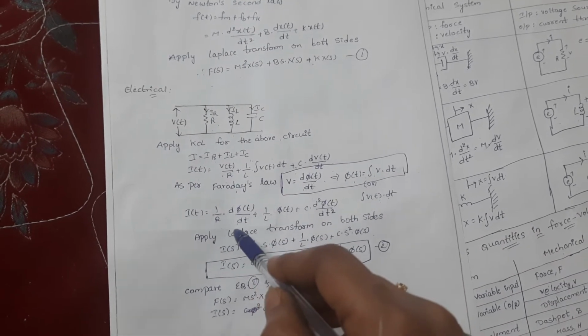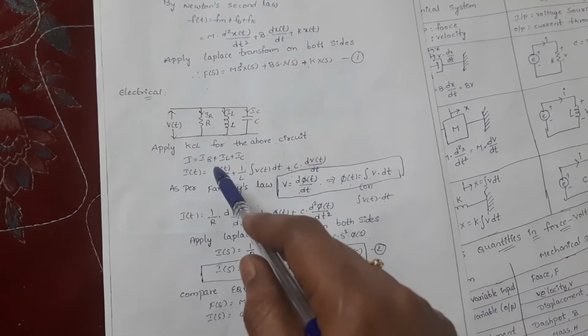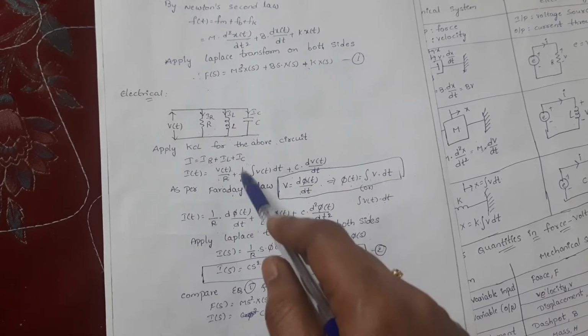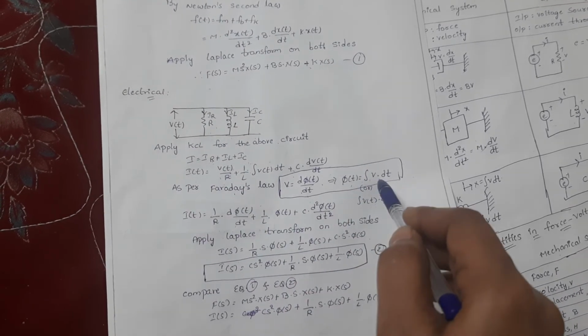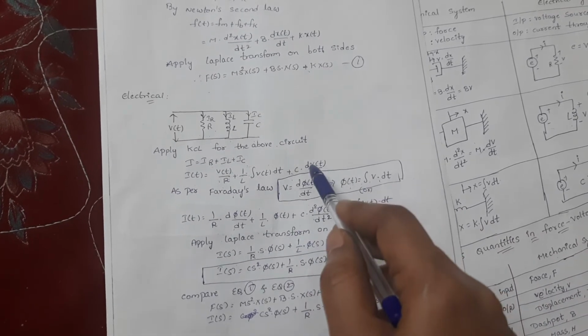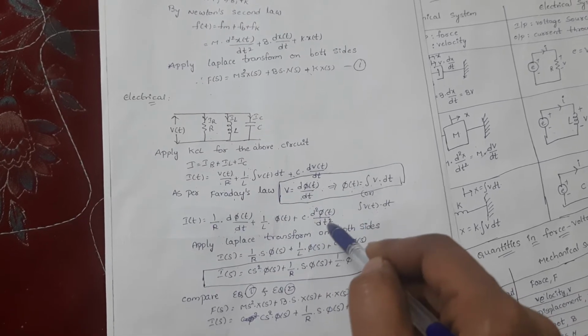So 1 by R into d phi of t by dt, because V is nothing but d phi by dt. In place of V, you write d phi of t by dt, plus 1 by L integral V of t, which means phi of t, plus C into d by dt of d phi by dt, which becomes d square phi of t by dt square.